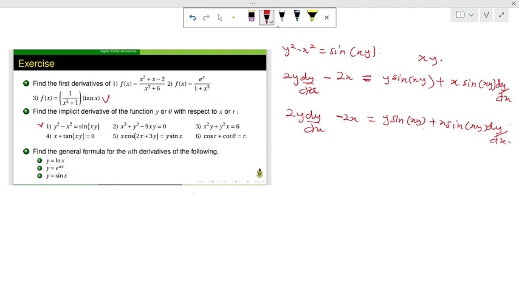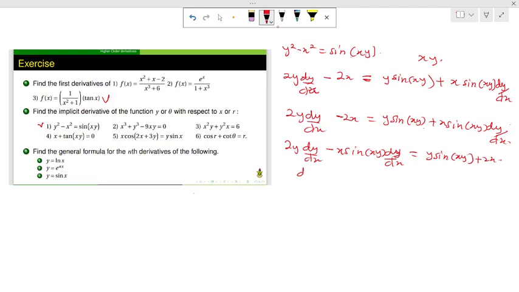So what am I going to do? We only want the dy over dx, so we group the dy over dx at one side and the other one to the other side. So 2y dy over dx minus x sine xy dy over dx is equal to y sine of the expression xy plus 2x.